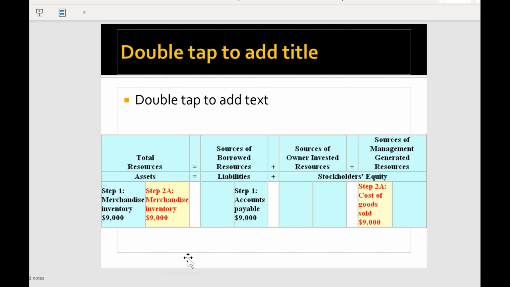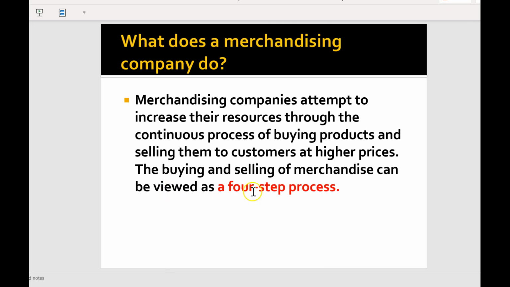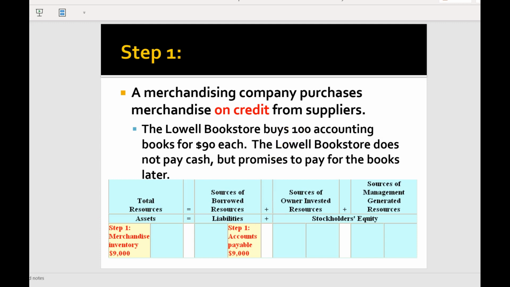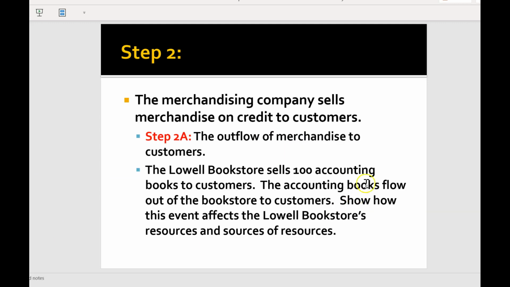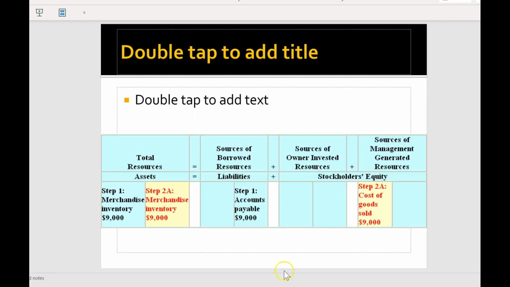So obviously we credit inventory because inventory decreases. We sold them, so they decrease. You can see the purchase was 100 books, and then it sold 100 books. So this inventory is basically totally gone.